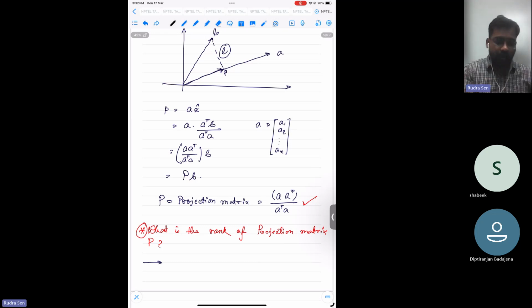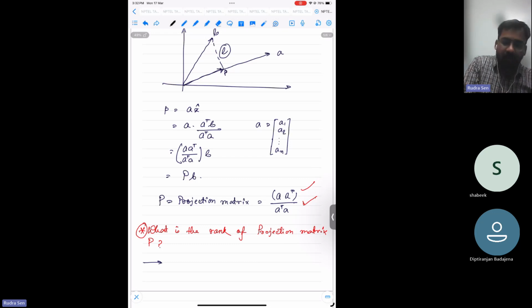So you do not need to worry about the denominator. Consider that this is basically divided by some scalar number. You need to think about the numerator part. The denominator doesn't give any contribution to the rank of the matrix. It just divides every element of the matrix.